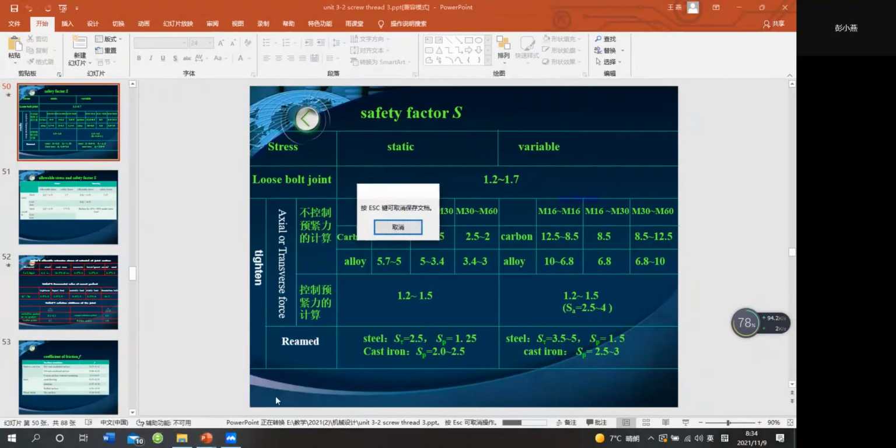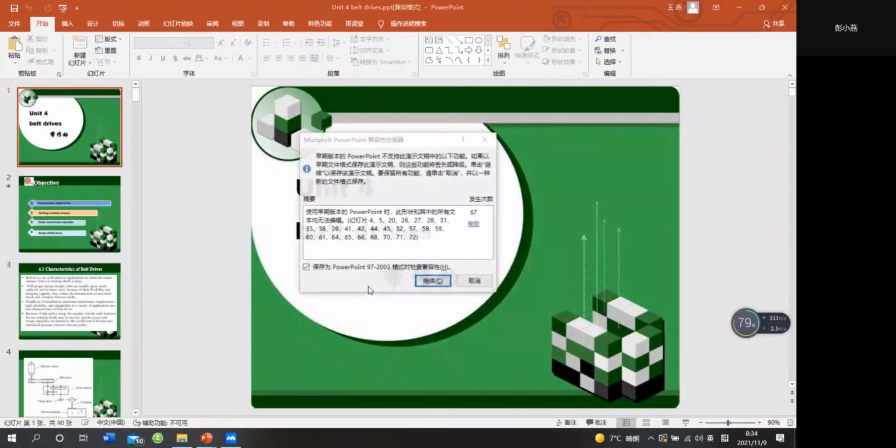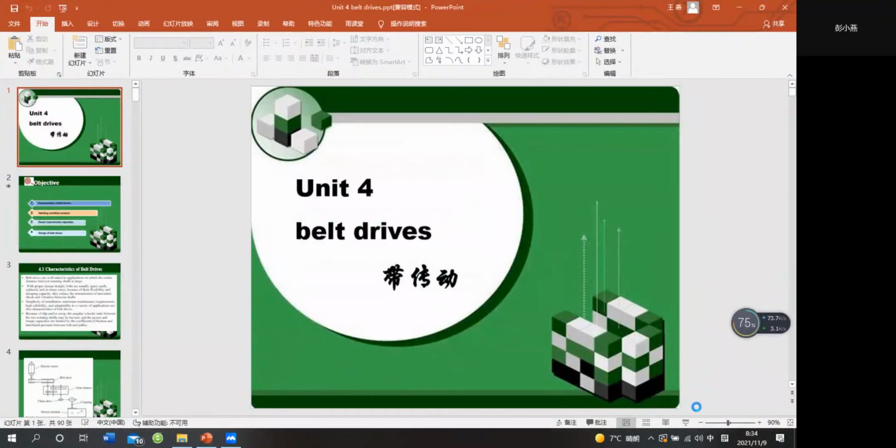Now let's proceed to the next chapter, the belt drives.